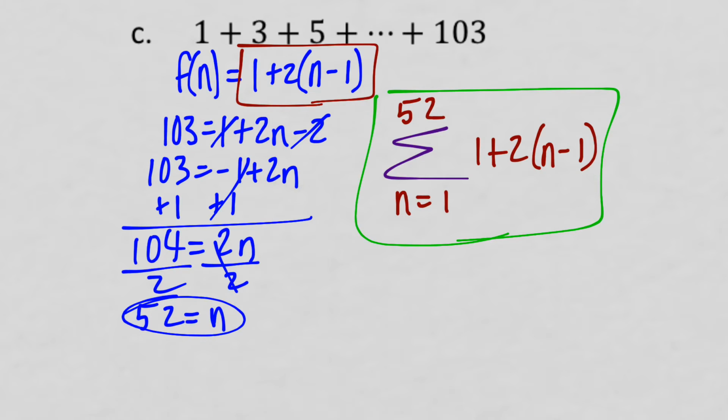I distributed the 2, so I got 2n minus 2. Then I combined the 1 and the negative 2 to make negative 1. I added the 1 and divided by 2 to get n equals 52. And that's all the work you need, because now all you have to do is put the sigma, n equals 1, which is where we're starting, the rule, which is 1 plus 2 times n minus 1, and your final position, which is 52.